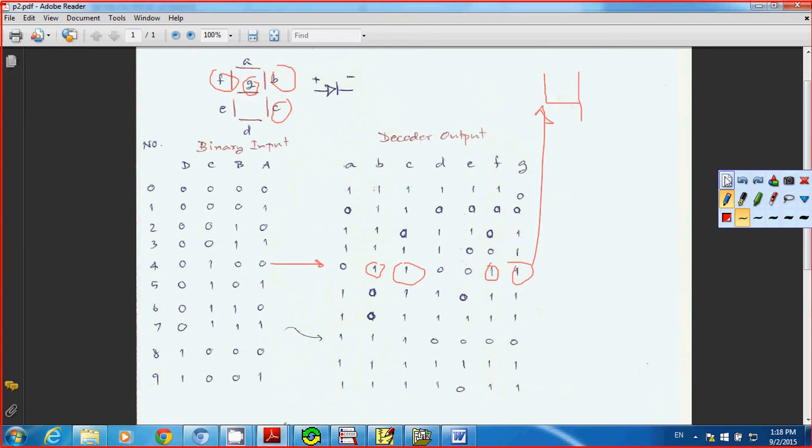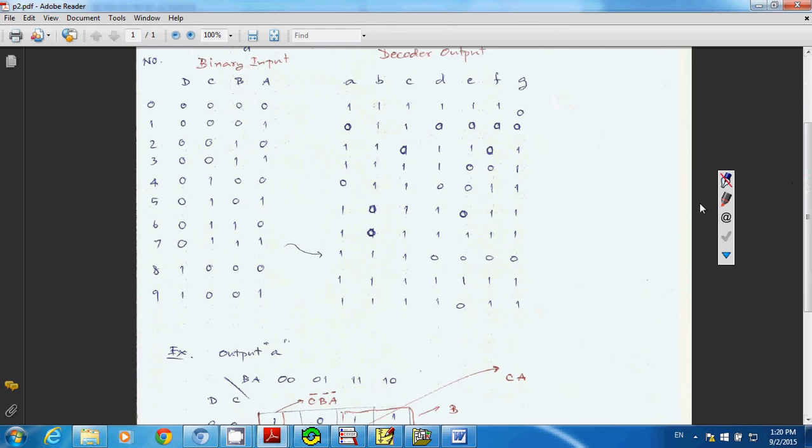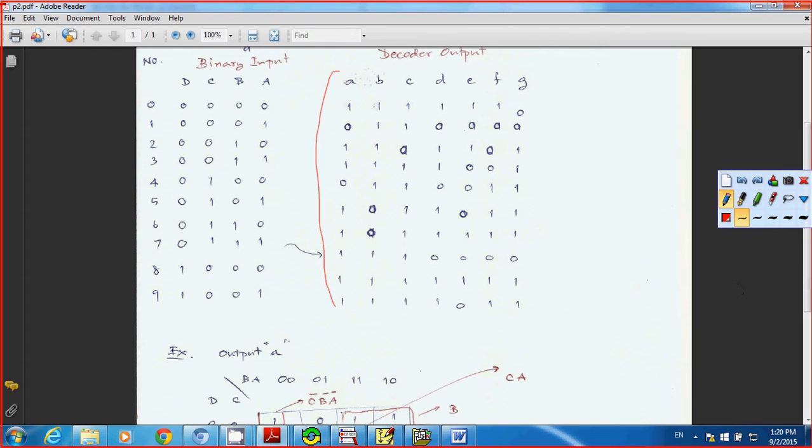Okay, so you probably get some basic idea already. And from this, you can make your digital circuit. That's why I give you an example: if you want the output A, you look at this one, and you start doing the Karnaugh map.